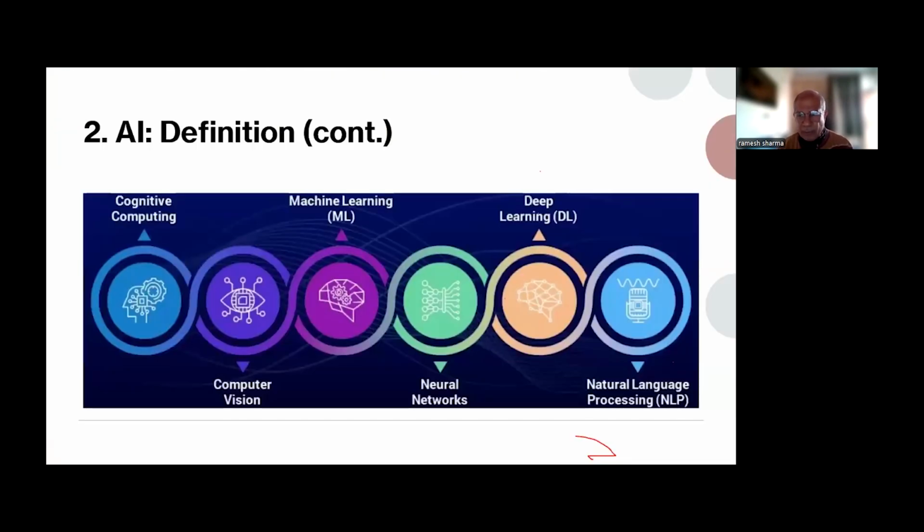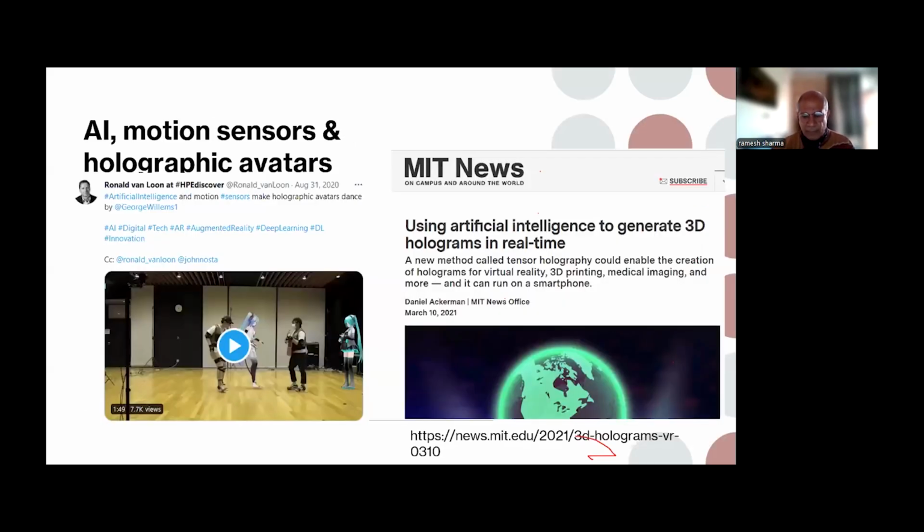This is a broader view of the fields of artificial intelligence, which involves neural networks, deep learning, natural language processing, machine learning, etc.